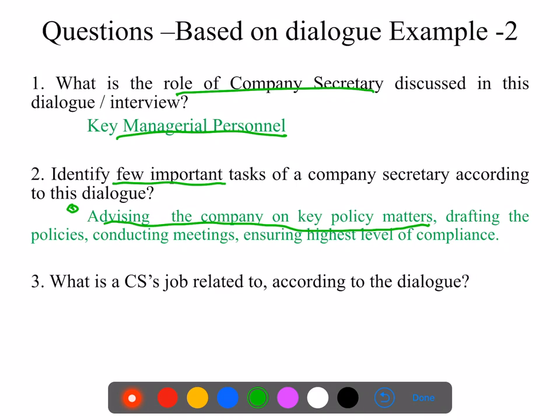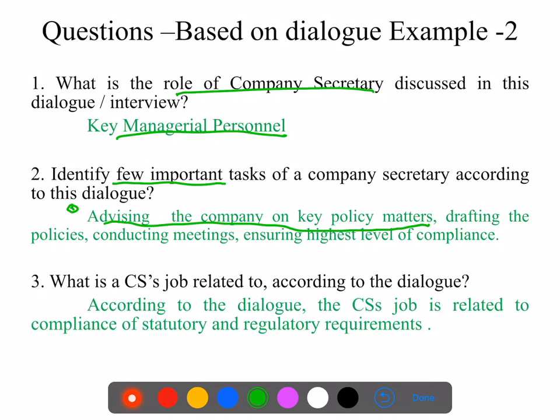What is a CS job related to according to the dialogue? Any answers? Yes, I think most of you got it. According to the dialogue, the CS job is related to compliance of statutory and regulatory requirements.